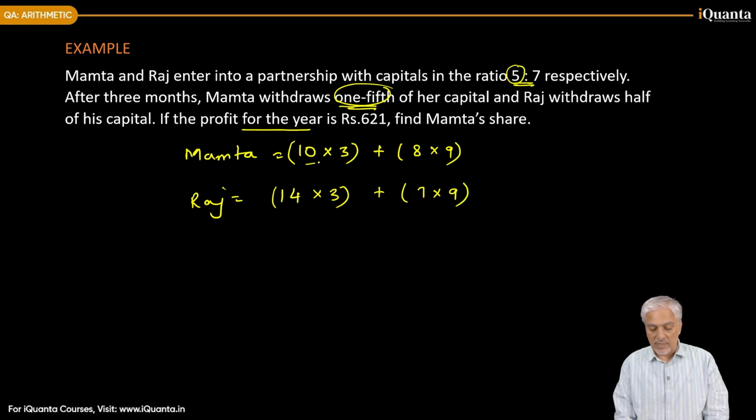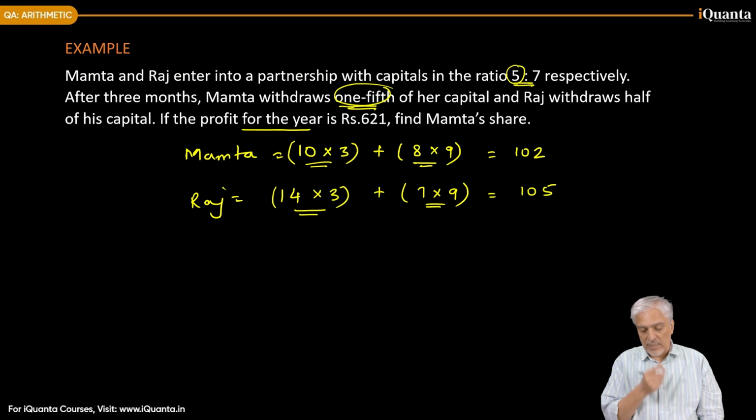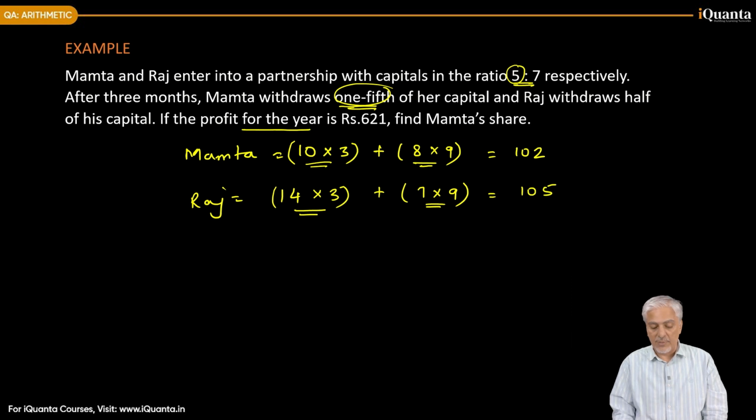Let's solve this out. Now don't cut over here because there is an addition. 30 plus 72 will become 102. And 42 plus 63 will become 105. Right? So this is the ratio in which the division will happen. And the amount to be divided was 621.